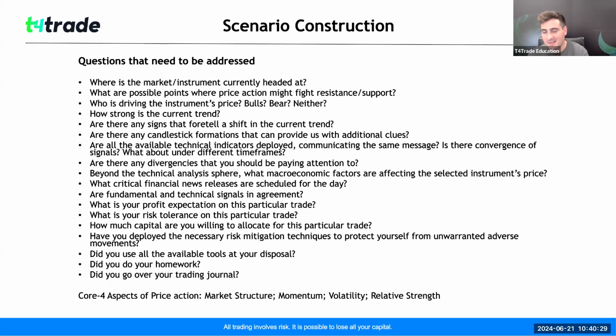Because the last thing you want to do is open a trade and not realize that in 15 minutes' time there's going to be an economic news release that topples everything, that demolishes every scenario you have created for that specific instrument. There's no worse thing than being unaware of what is going to happen in the immediate future, and finding yourself on the opposite side of the trade and losing money.